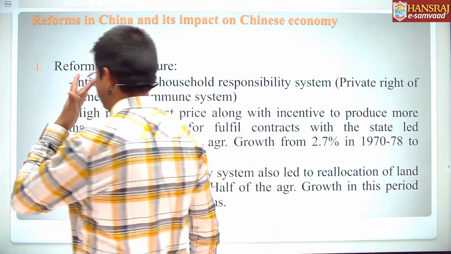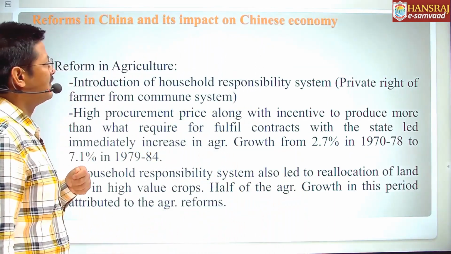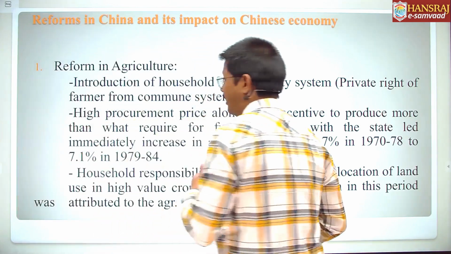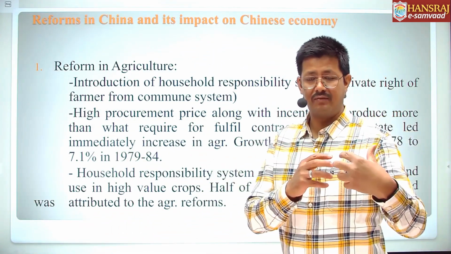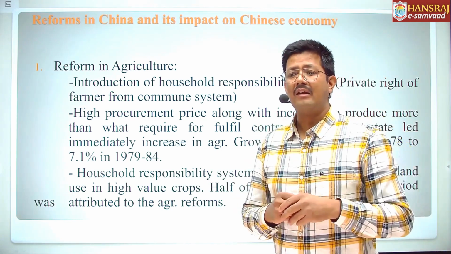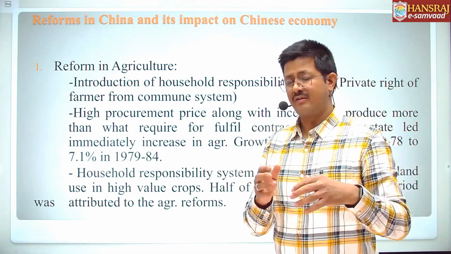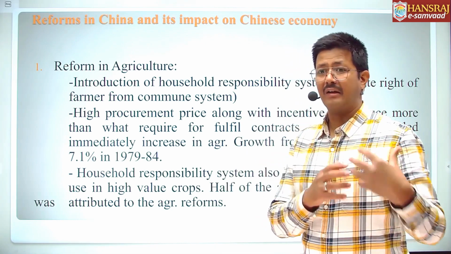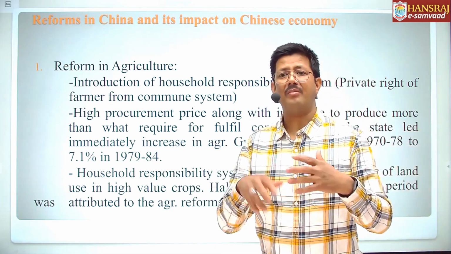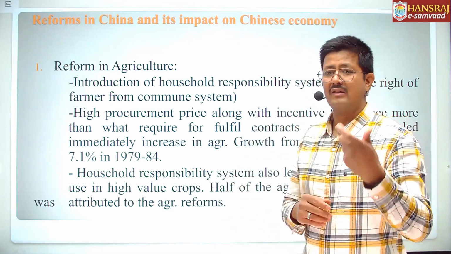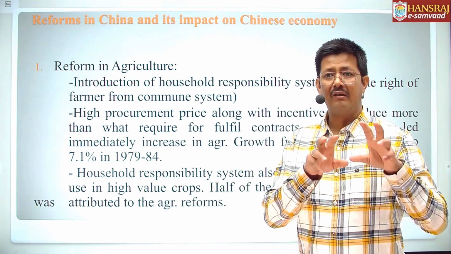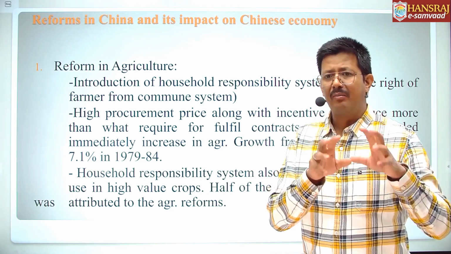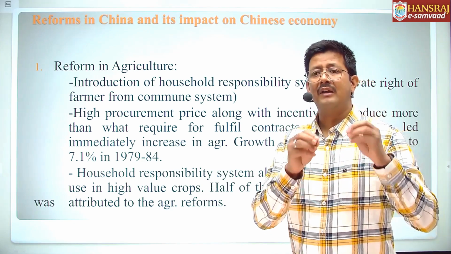So, reform in China and its impact on the Chinese economy: we need to see how China's reform was different from India's reform. Although China started reform much earlier, in 1978, as compared to India, which started in 1991, China's reform was rooted, meaning it started, in the agriculture sector.